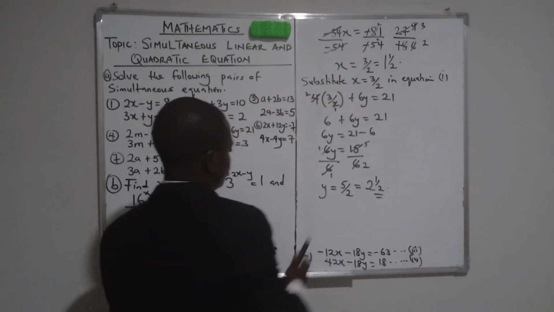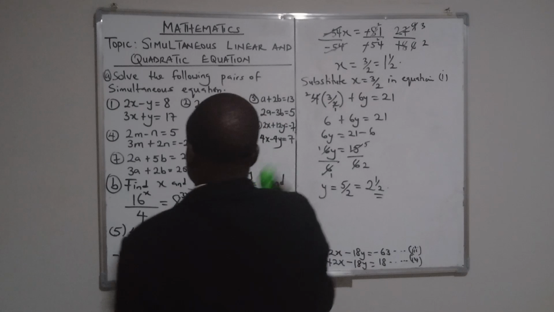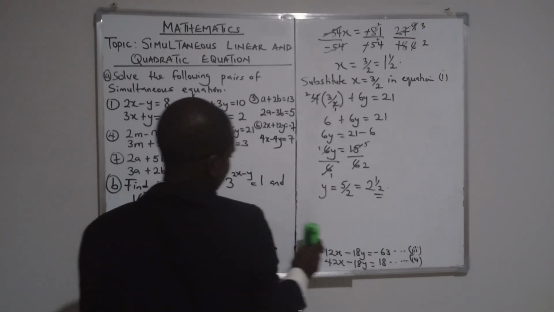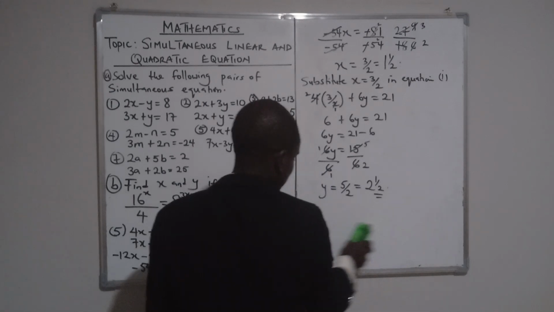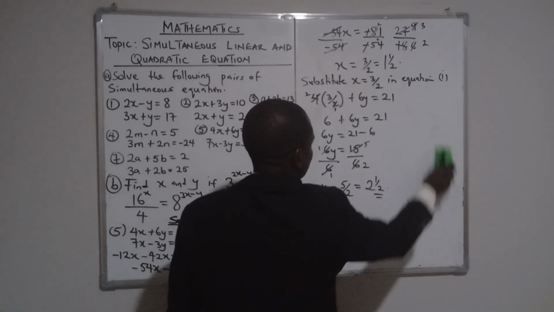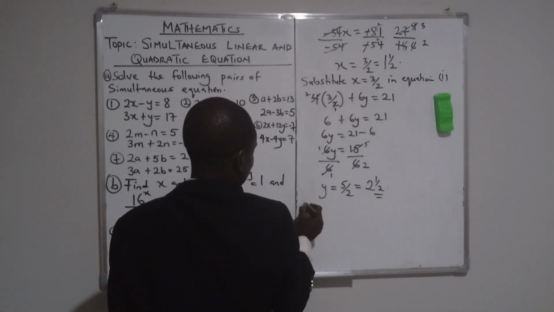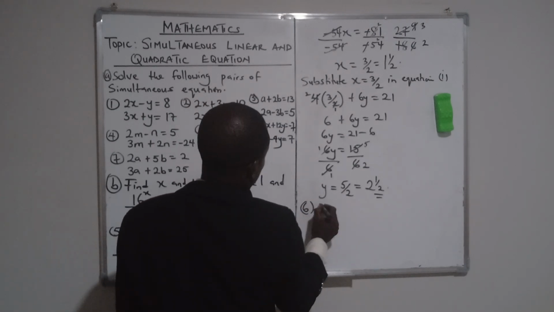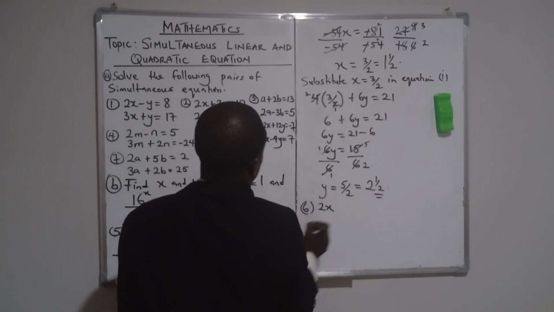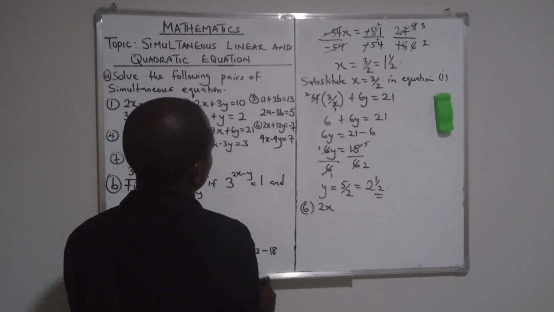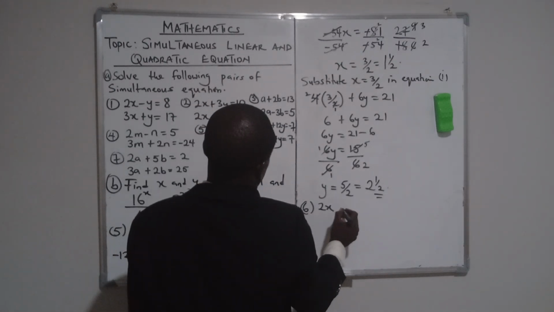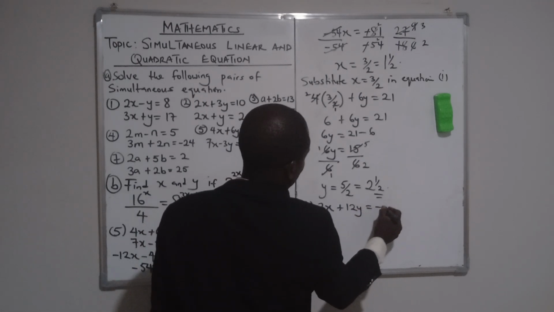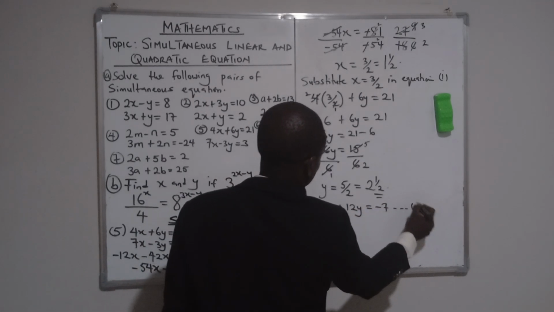Now let's move to question 6, which is 2x plus 12y equals to minus 7, equation 1.